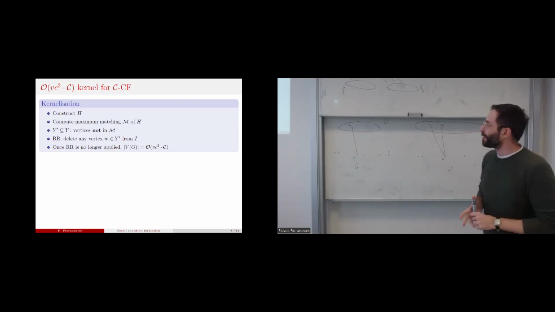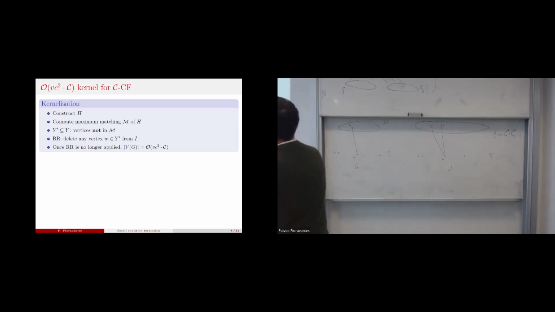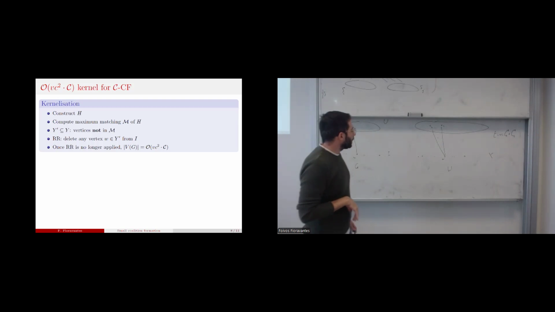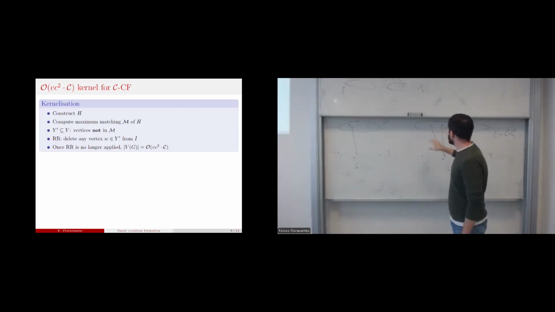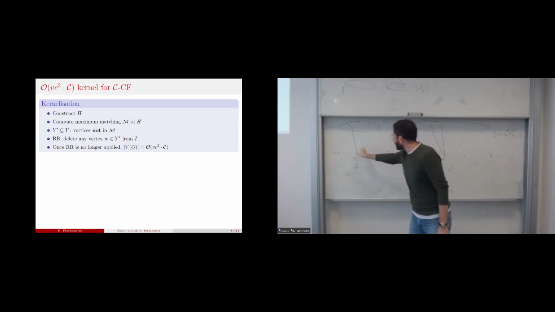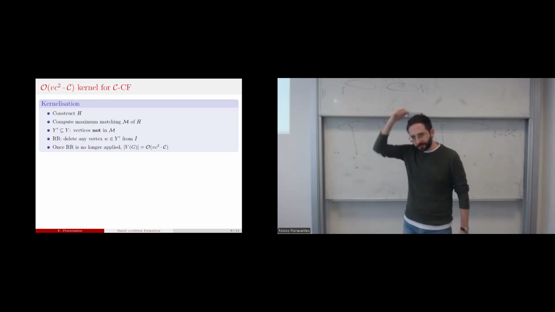Now, the main observation, okay, so you consider the procedure. I find a perfect maximum matching of this. If this vertex is not matched to everything, I delete it and I repeat.